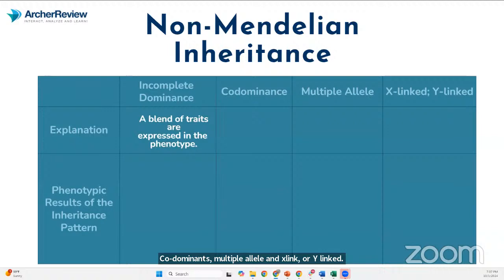We discovered later that everything's not just dominant or recessive. In incomplete dominance, we're going to have a blend of traits. So instead of a red flower crossing with a white flower and getting multiple versions of either white or red flowers, we end up with pink flowers.